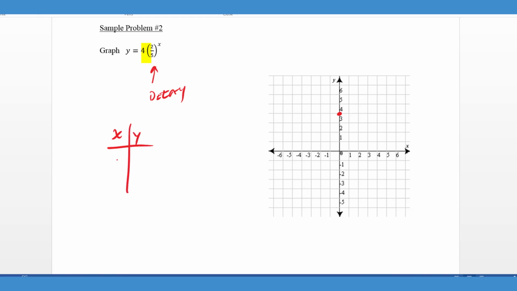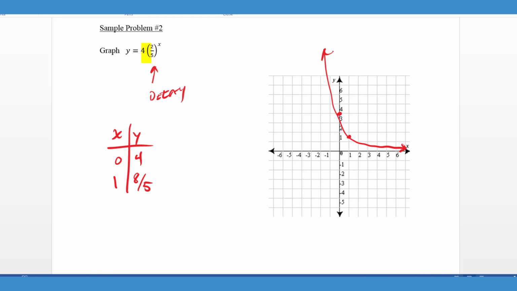I've done the 0, which I know gives me 4. I'll just do a positive 1. If I do a positive 1, that's going to lead you to 8/5. Not quite 2, but a little more than 1. We know that this is coming from up here, and it's decay, and then it's going to follow the intercept. So that's a pretty good sketch of that function.